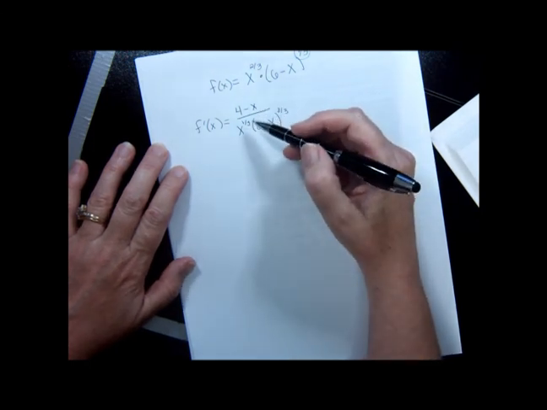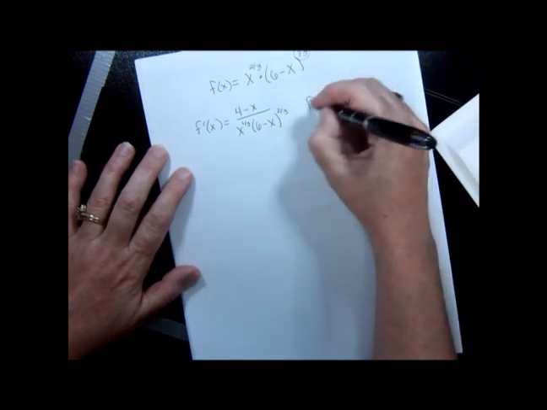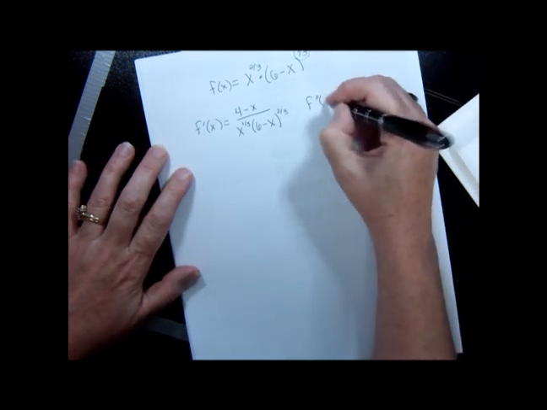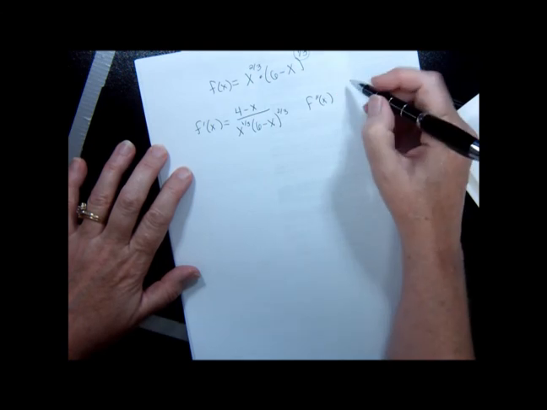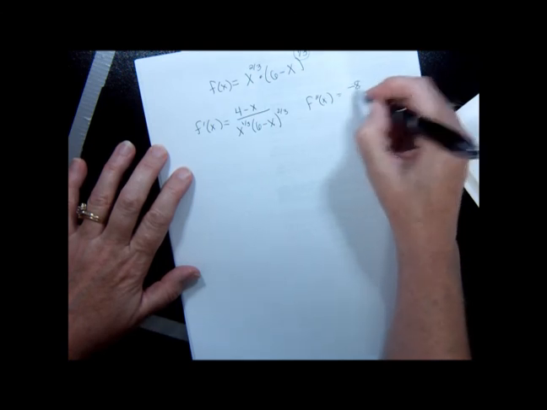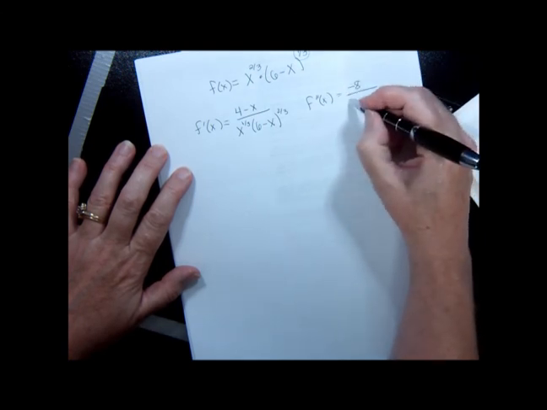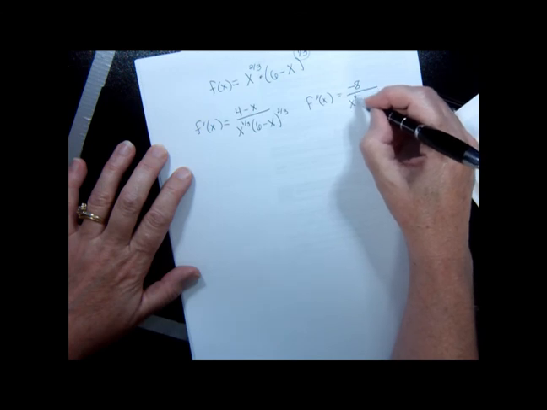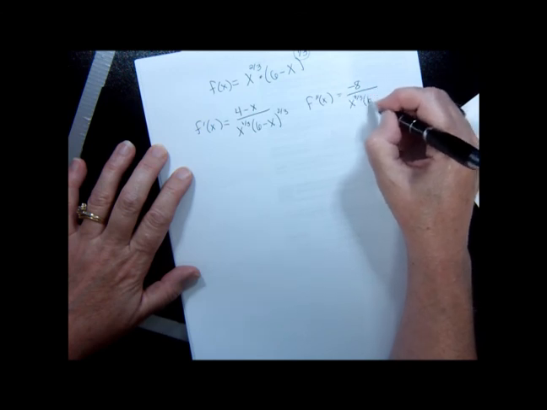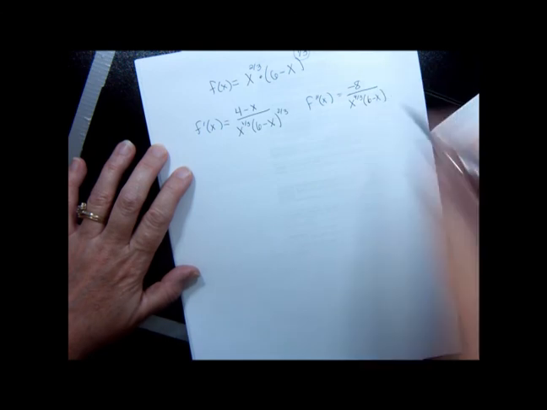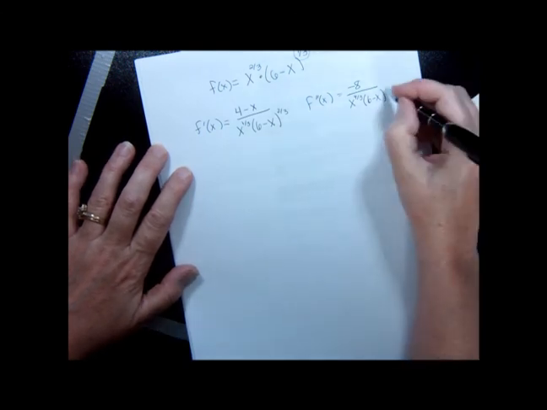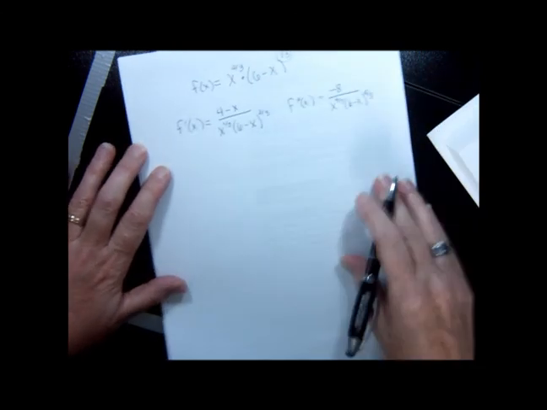Then do it again. Second derivative, we're going to have -8. And then on the bottom, x to the 4/3, 6 minus x to the 5/3.